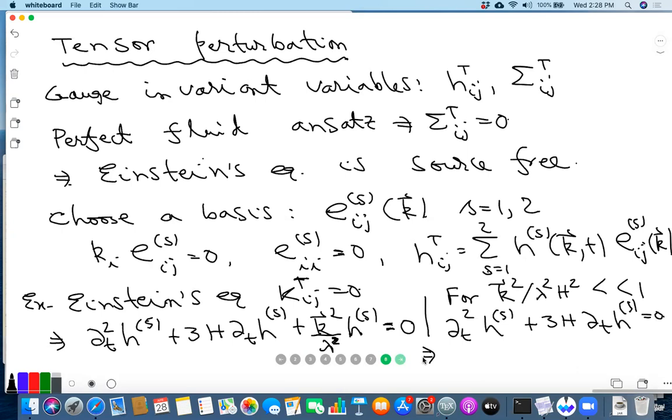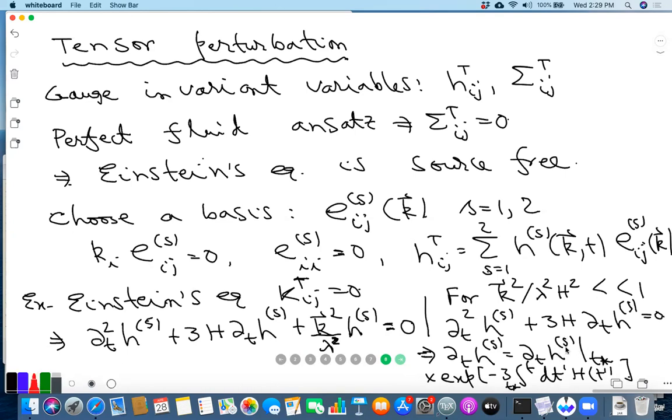And this has a solution for ∂_t h_s. So ∂_t h_s is ∂_t h_s at the horizon exit times exponential of minus 3 integral from t star to t dt prime H of t prime. Now, at the horizon exit, you have seen that h_s approaches a constant, right? And so this is 0.